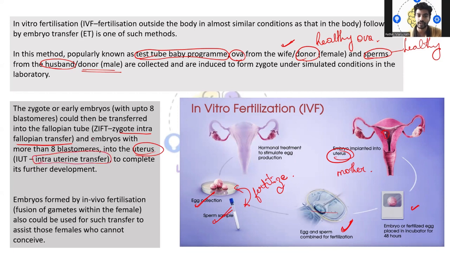You just need to understand IVF, ZIFT, that is zygote intrafallopian transfer, and IUT, that is intrauterine transfer. Once these are done, they are left for further development in the mother.